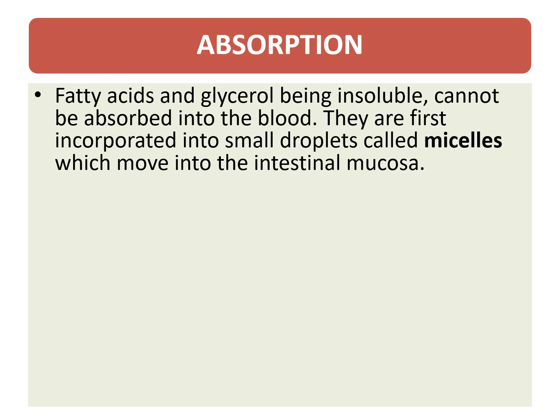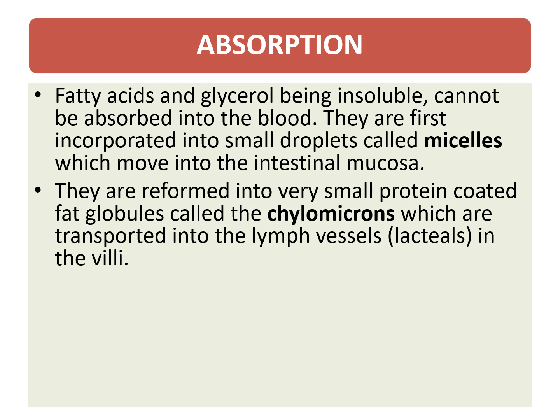Now the main important part in the lipid is the absorption. Fatty acids and glycerol, being insoluble, cannot be absorbed into the blood. They are first incorporated into small droplets called micelles, which move into the intestinal mucosa.